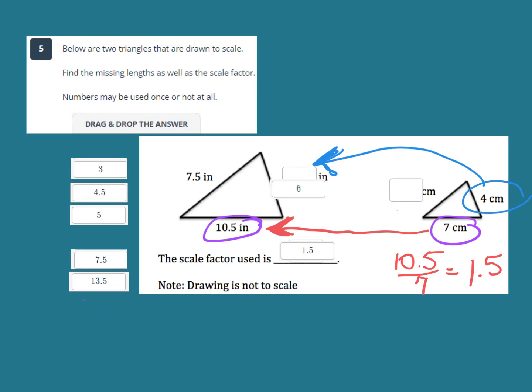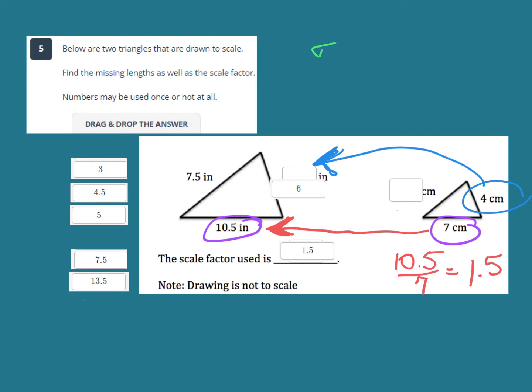Then 7.5, I know I need to divide that, right, to get the right answer. So I'm going to divide my 7.5 by 1.5, and again, I'm well aware you're going to use the calculators, and that is more than fine for a problem like this.